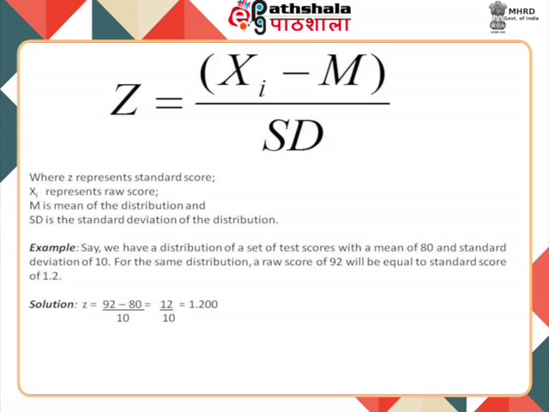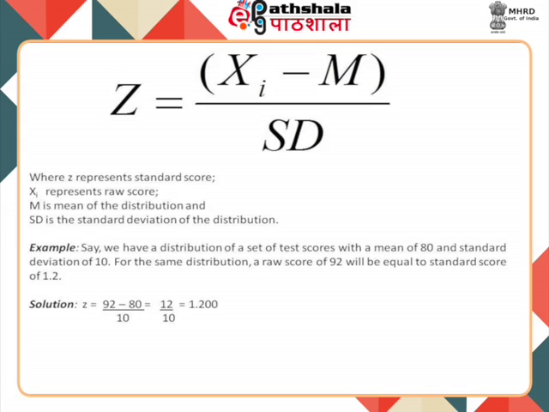The mean and standard deviation of a set of Z-scores are 0 and 1 respectively. Mathematically, Z-score is represented as (x1 minus m) upon sd, where x1 represents raw score, m is the mean of the distribution and sd is the standard deviation of the distribution.